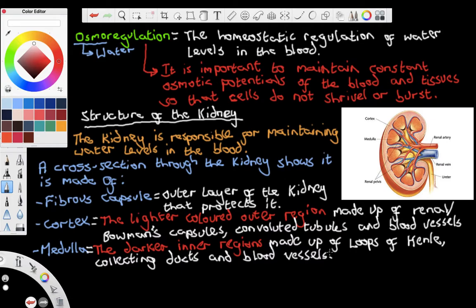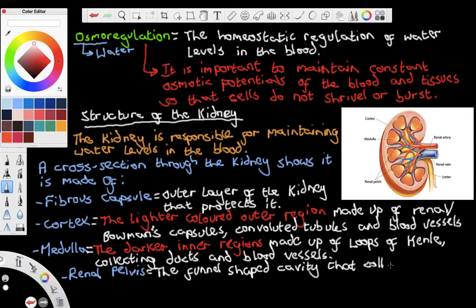Okay. The final bits that we need to describe are the renal pelvis, which is the funnel-shaped cavity that collects urine into the ureter, U-R-E-T-E-R.